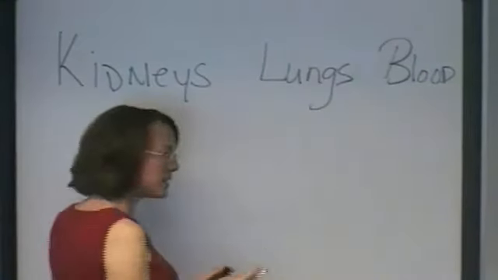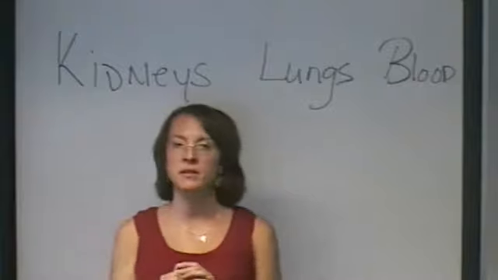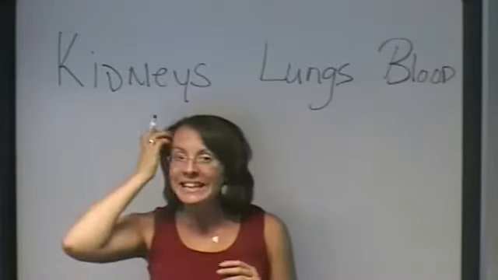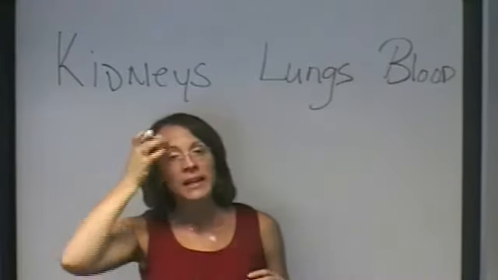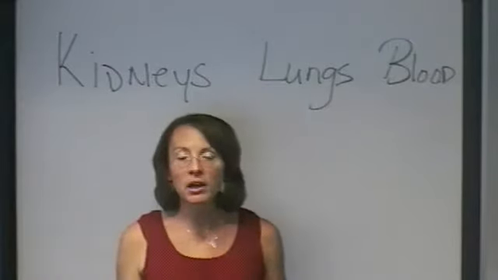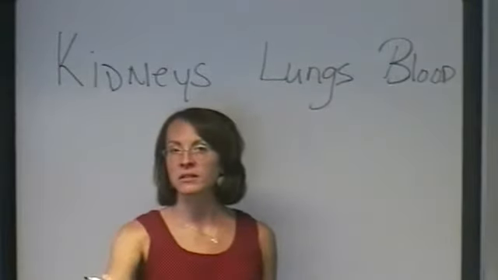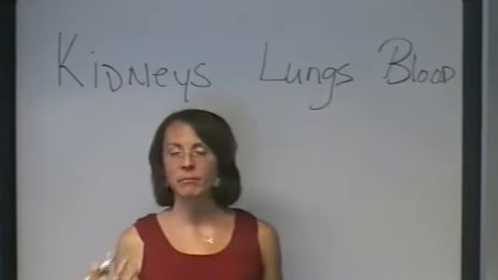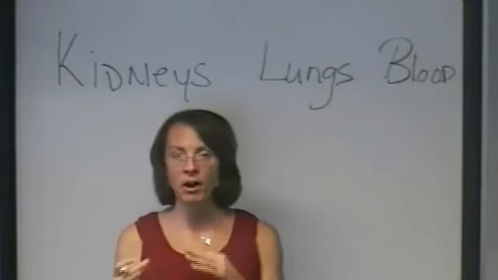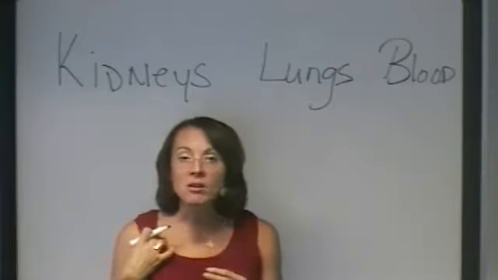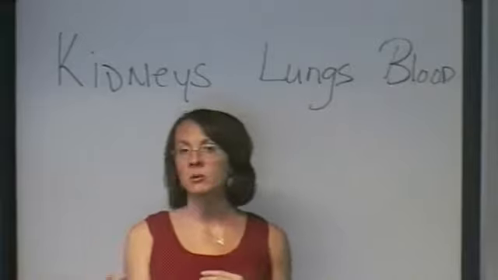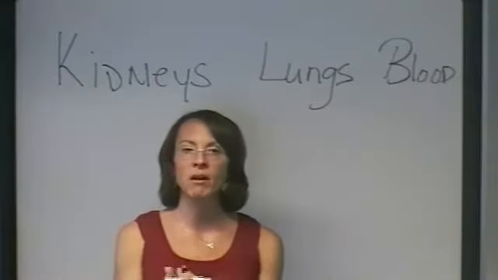Okay, just some basics. We're going to go into these in the future. Your kidneys will release hydrogen ions or retain them in order to buffer our system. They also will release bicarbonate ions. Now, what do we use bicarbonate for?